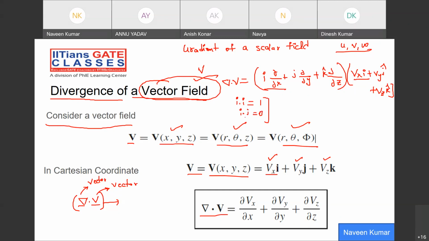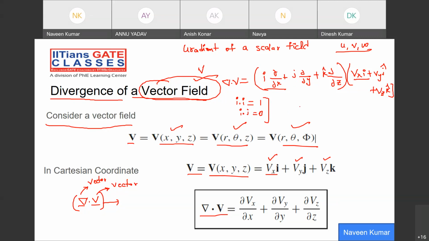So the dot product in the same direction will be 1, and in a perpendicular direction, because i, j and k are mutually perpendicular to each other, it will be 0. Whenever i dot i, it will be 1. For i dot j, i dot k, anything perpendicular, the dot product will be 0.